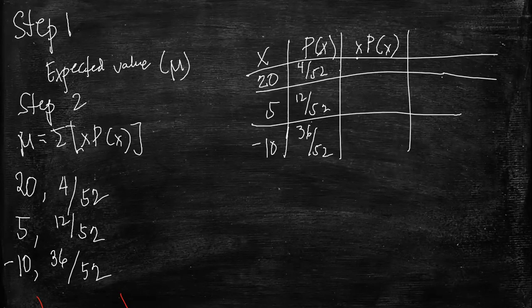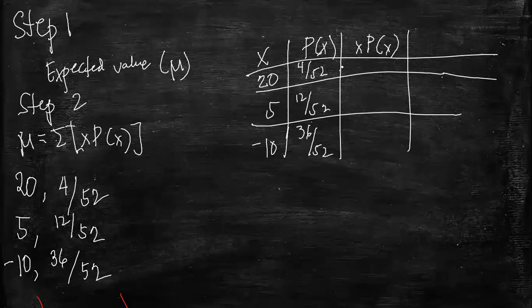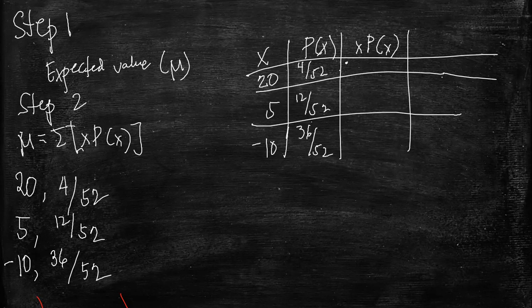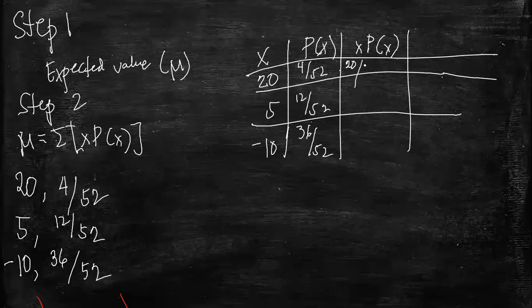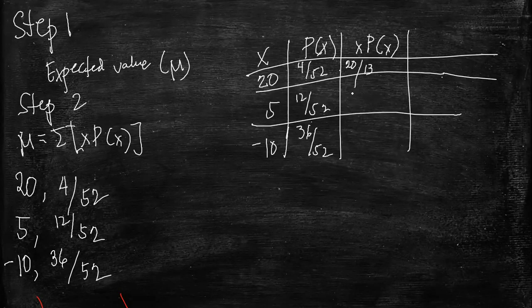So, ayan. So, we have 20 times 4 over 52, ilan? 20 over 13. Next is 15 over 13. And lastly, we have negative 90 over 13 po.